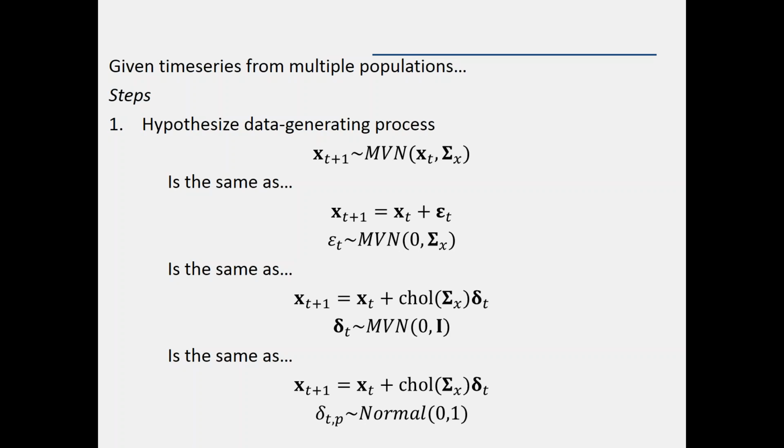That's the one where you can see that it's a random walk process most easily. But if you're coding up this model, one efficient way to code it up is that bottom line, because it replaces the multivariate normal density function, where you have to invert the covariance matrix, with this Cholesky matrix that you can use.